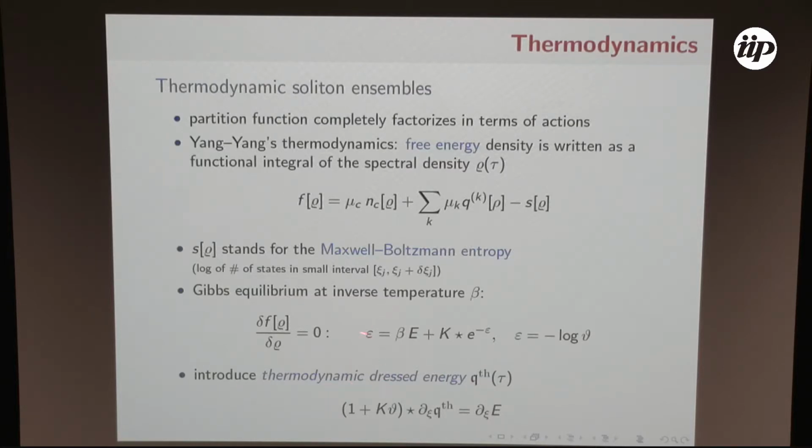An alternative interpretation of this equation is the dressing of energy. If you have an individual soliton with energy E, superimposed on some non-trivial many-body background of other solitons, because of the scatterings it will dress, and instead of its bare energy E, it has a thermodynamic energy that is different.